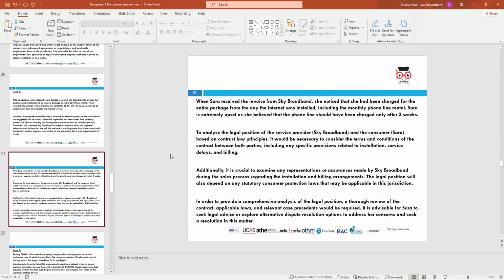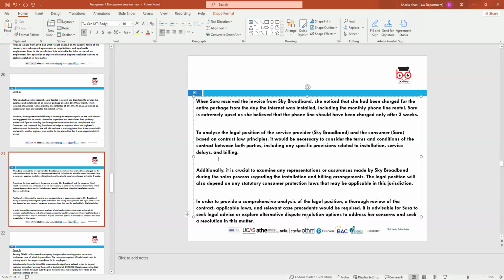Additionally, it is crucial to examine any representations or assurances made by Sky Broadband during the sales process regarding the installation and billing arrangement. The legal position would also depend on statutory consumer protection laws that may be applicable in the jurisdiction. In order to provide a comprehensive analysis of the legal position, a thorough review of contract law, applicable laws, and relevant case precedents would be required.